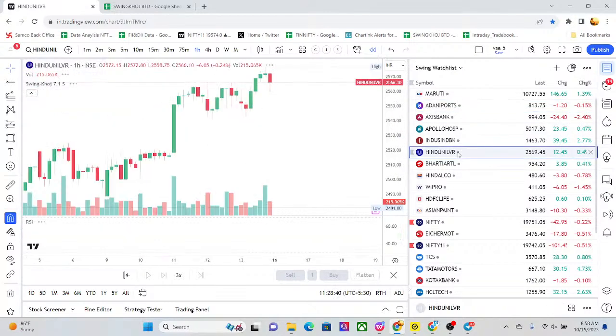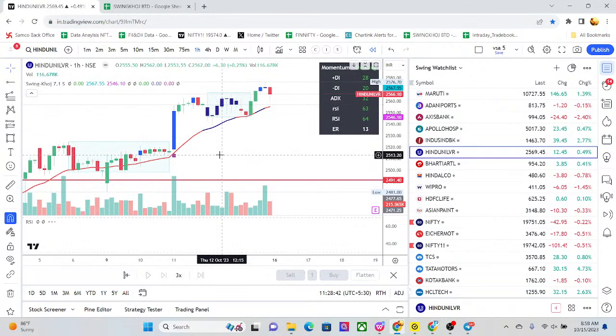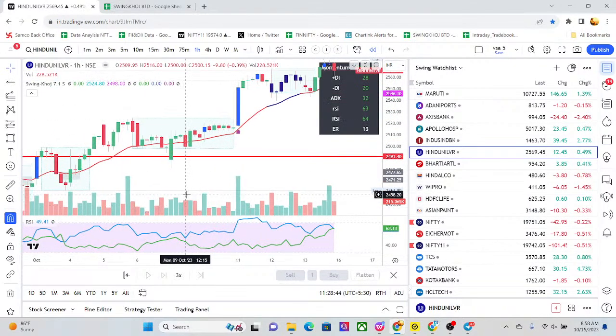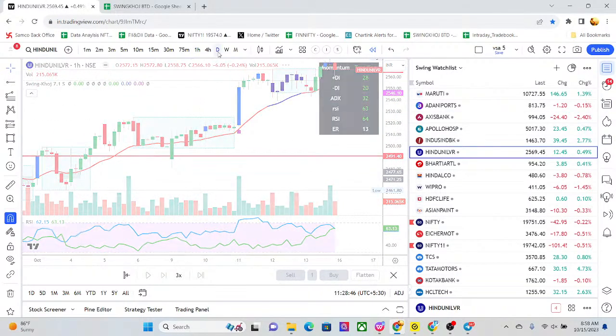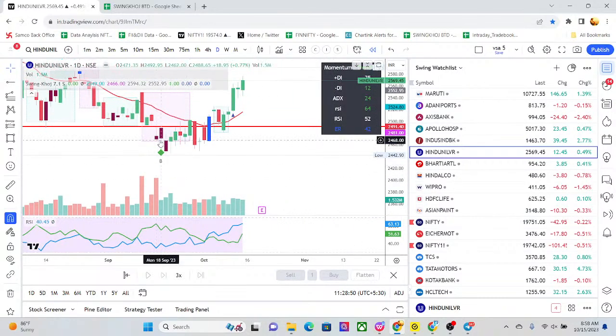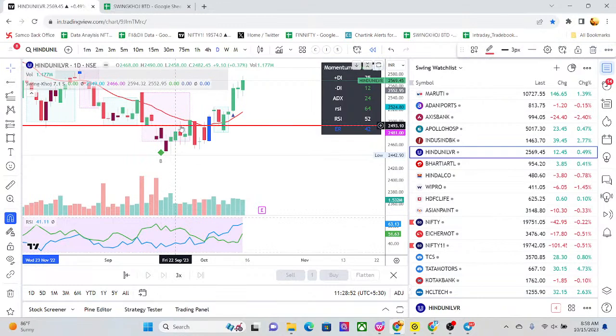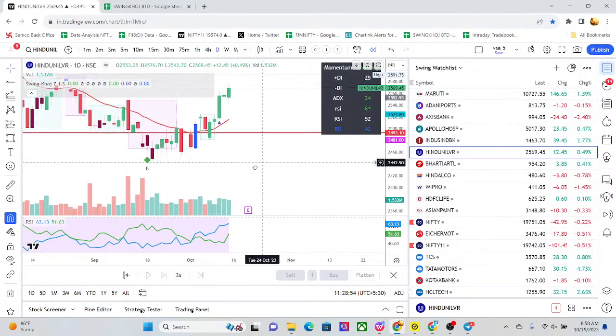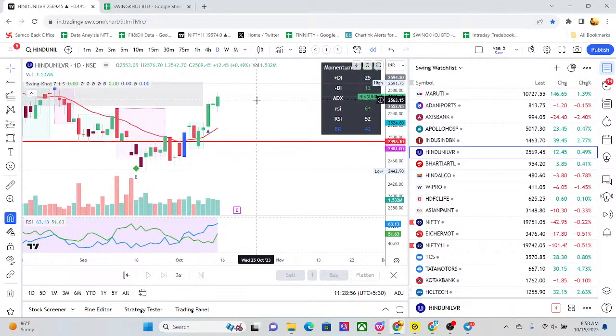Recently I found this one here. HUL was my last trade. You can see I found bottom here, and above the high I bought. So this trade is still running for me.